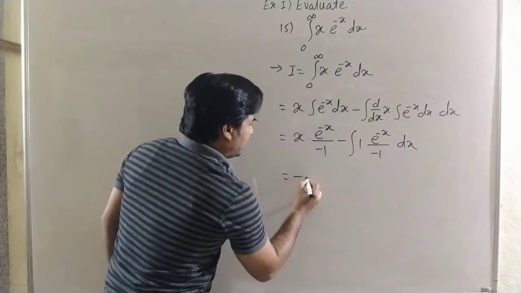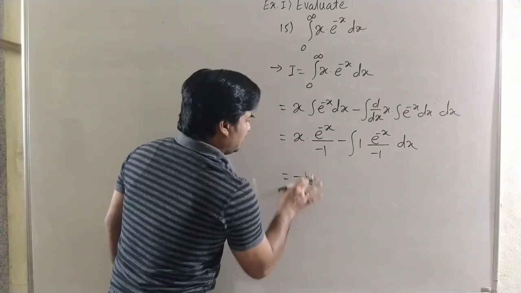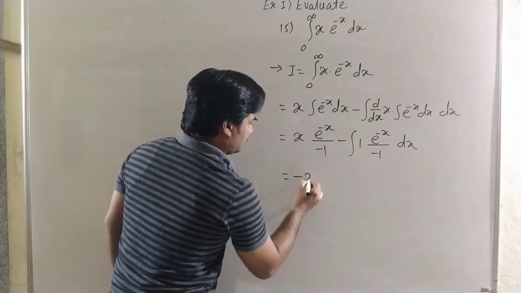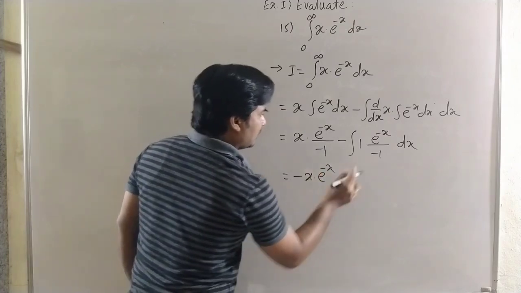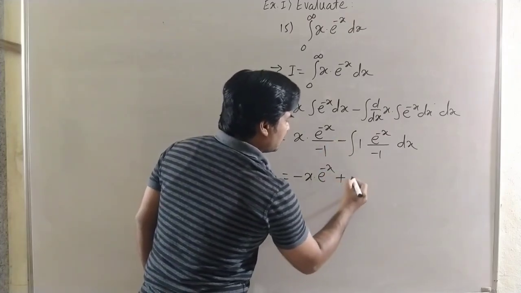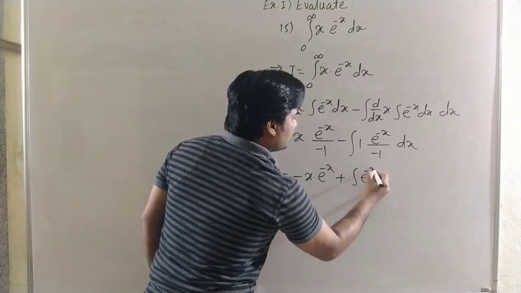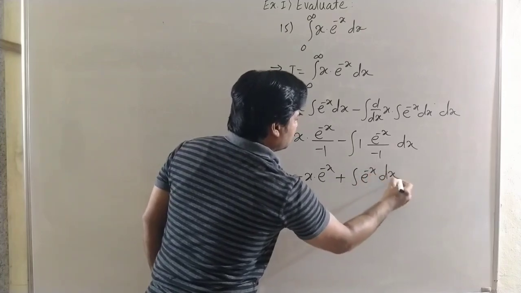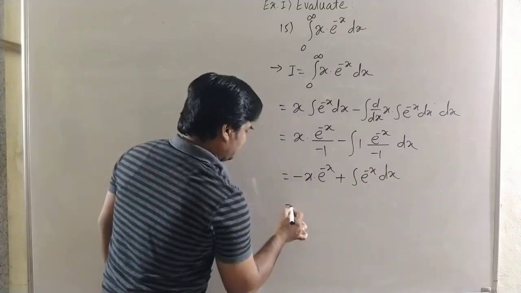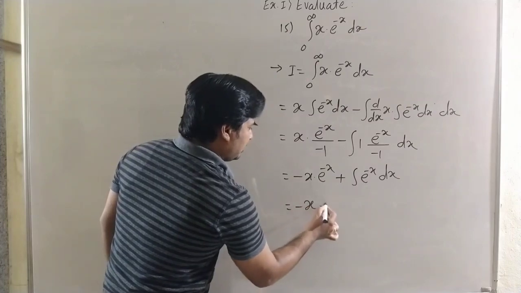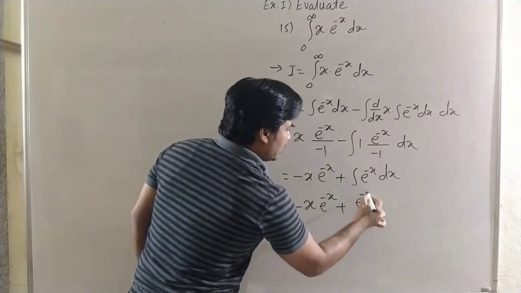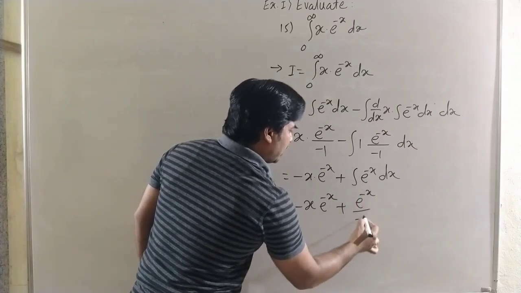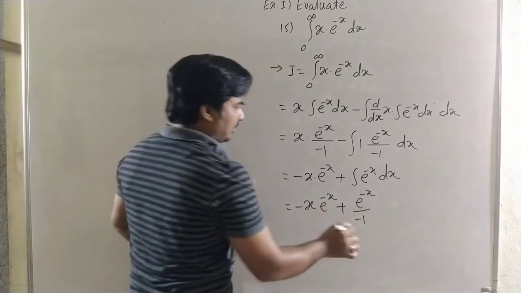Then minus x into e raised to minus x, this term, this minus minus plus into integral of e raised to minus x dx. Now we find this integral. Minus x into e raised to minus x plus e raised to minus x upon minus 1. Okay, it is a complete integral.